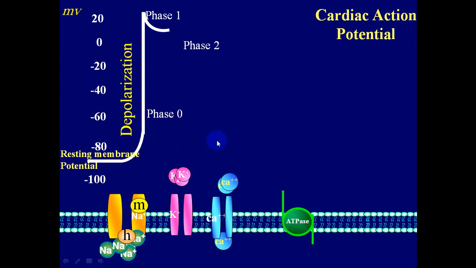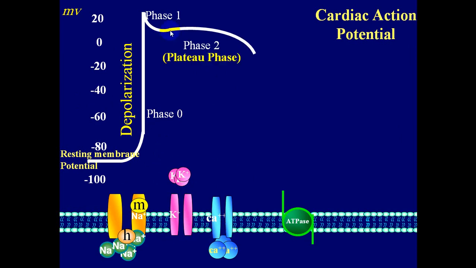And look at that, the slow influx of calcium from outside takes a long time, about 100, even 150 milliseconds. This is important for the cardiac muscle plateau due to the influx of calcium inside the cell.